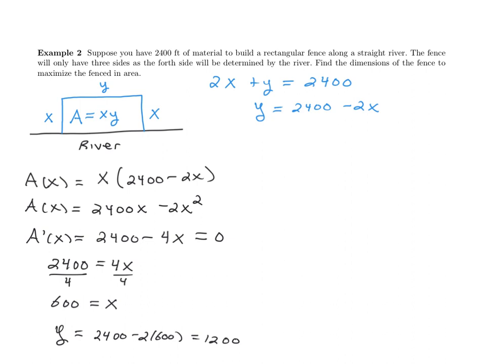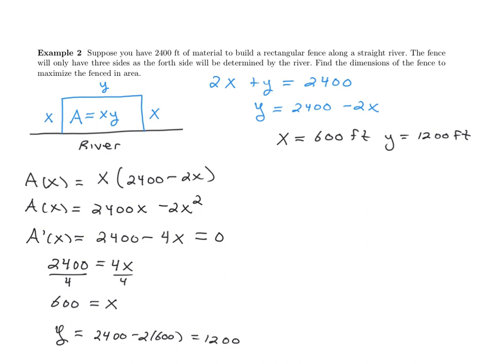So are these the dimensions that maximize the area that's contained within this fence? That is, x is equal to 600 feet and y is equal to 1200 feet. Notice that if you were thinking it would be a square, this means the object would not be a square. It's only 600 feet on these two sides, and it's 1200 on this side here.